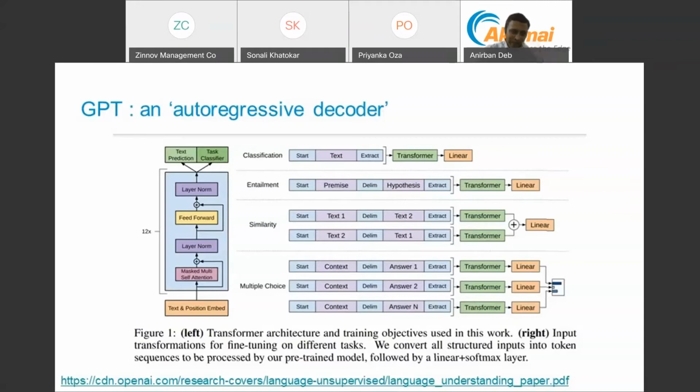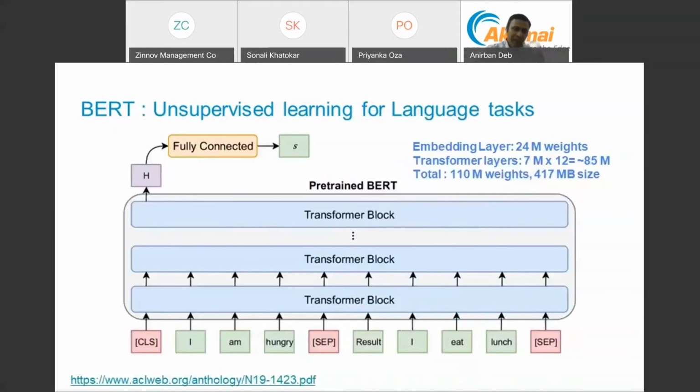Around the same time, BERT came out, and BERT is a different approach. It has taken the left side of the transformer architecture, where I have an encoder and those transformer blocks which we had seen before. There's no masked attention concept here.